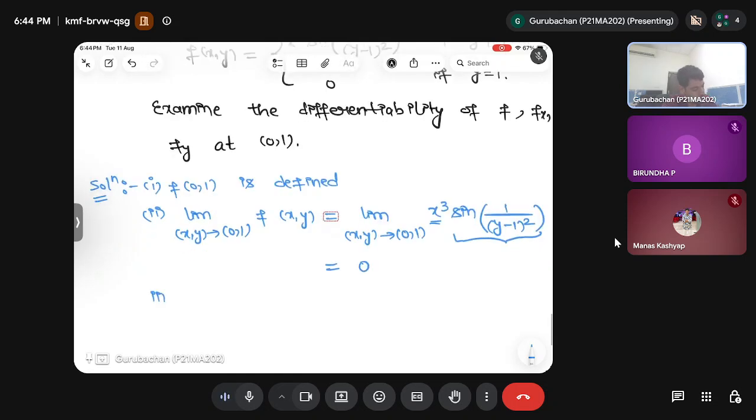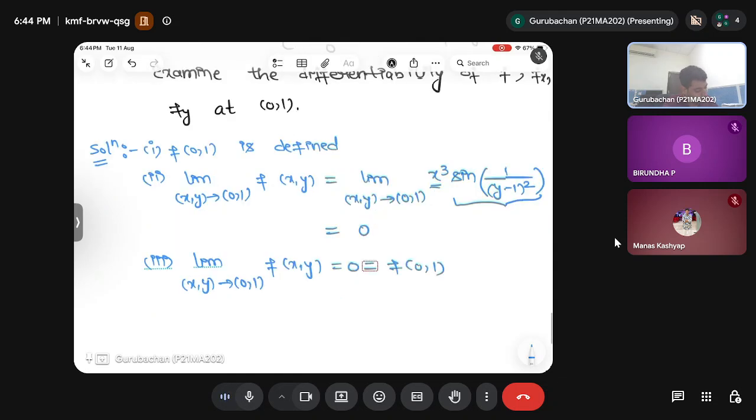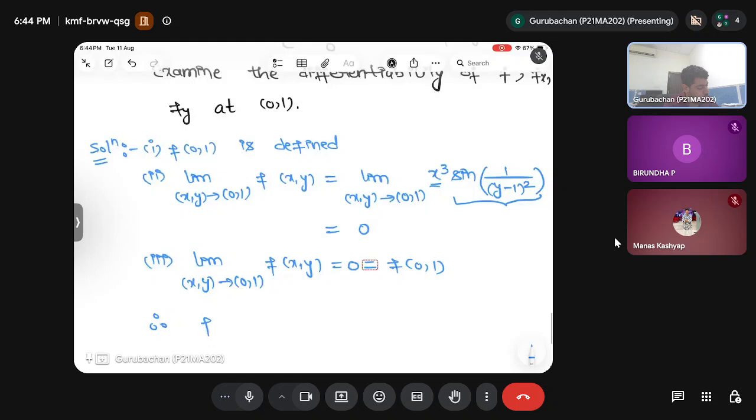So we can say that the limit exists, and this limit of f(x, y) is 0, which is nothing but f of (0, 1). Therefore f is continuous at (0, 1). So this was the first necessary condition for f to be differentiable.